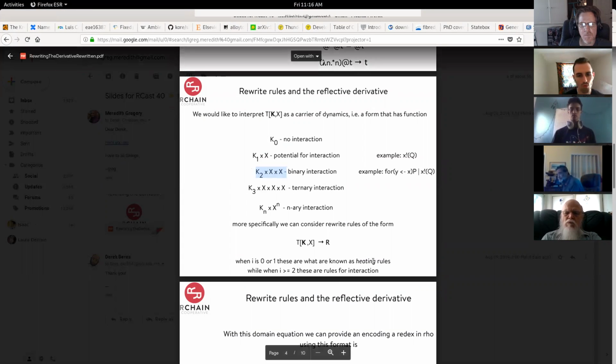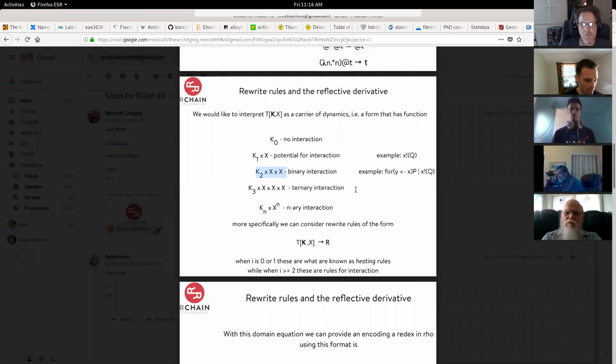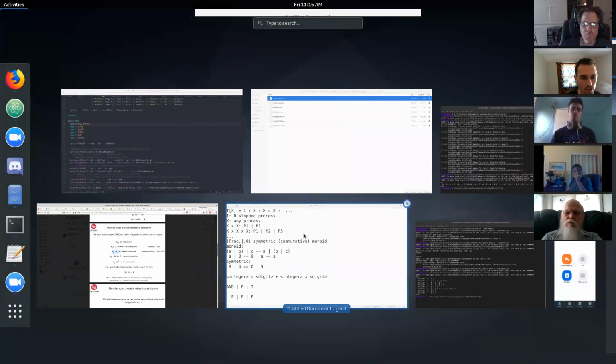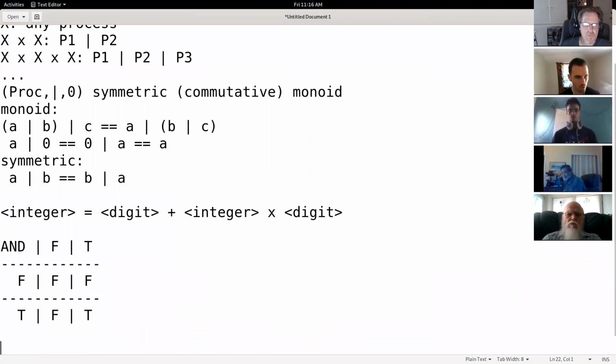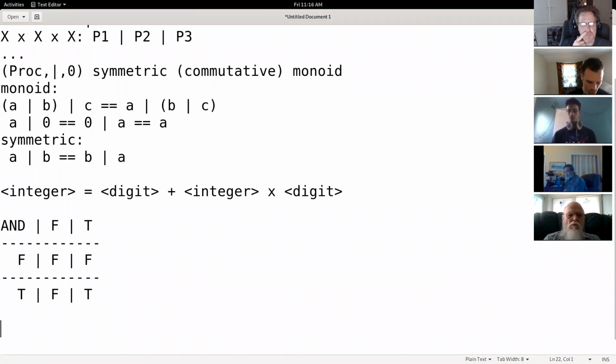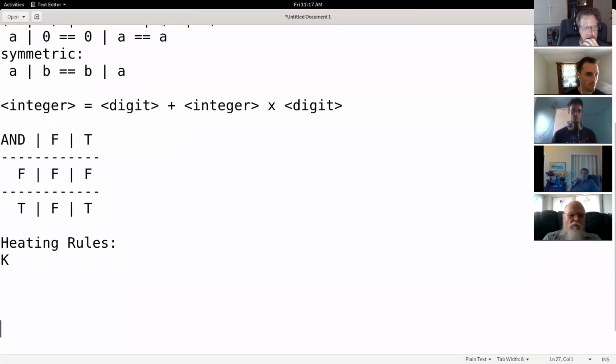What the heating rules correspond to is, how do I say this? It'll be better if I write it. So heating rules correspond to taking some term. So we have some term like this, right?